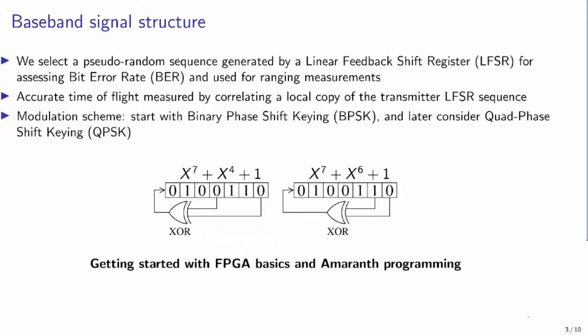By wisely selecting the taps, so the location of these inputs, we can demonstrate that the length of the sequence that is generated is 2^n - 1, with n the length of the shift register. Now you might wonder how we're going to select the location of the taps.